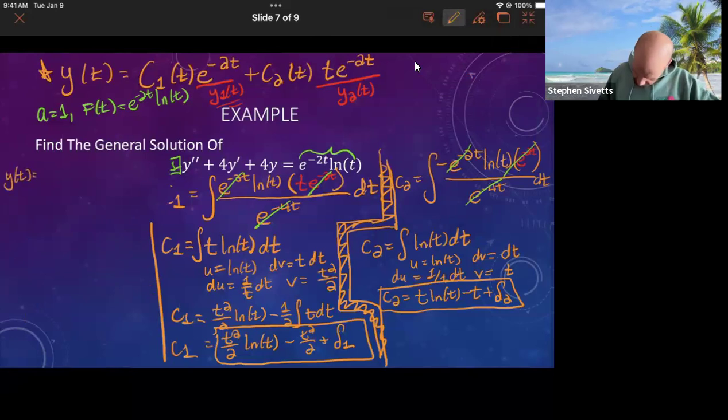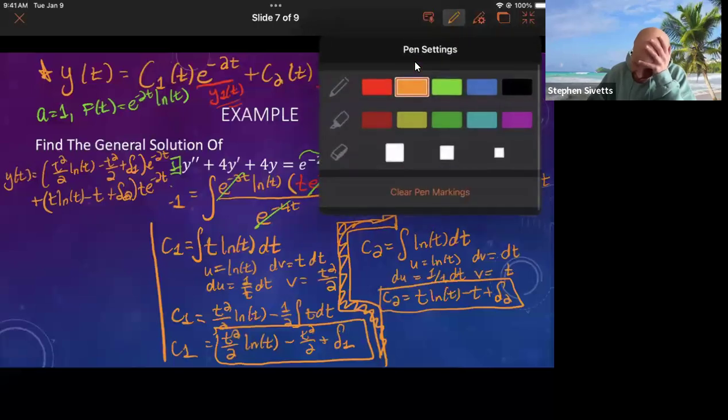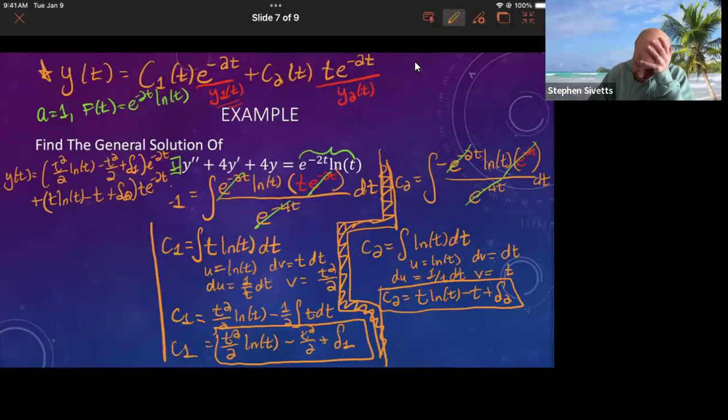So y of t would equal C1, which is t squared over 2 ln of t minus t squared over 2 plus delta 1, times e to the minus 2t, plus C2, which is t ln of t minus t plus delta 2, times t e to the minus 2t. Okay, so that is the general solution.